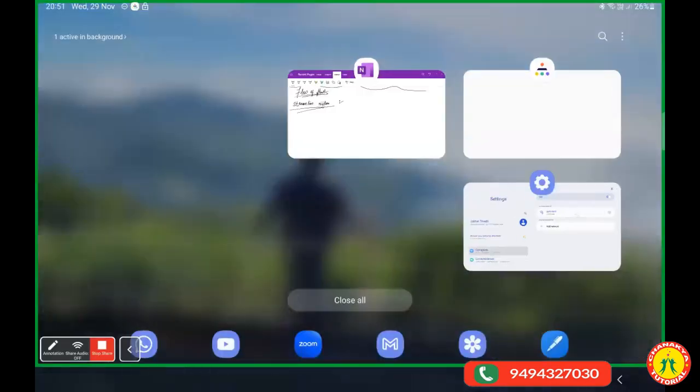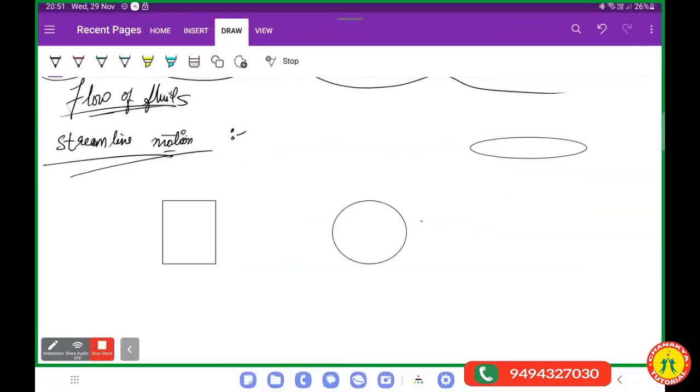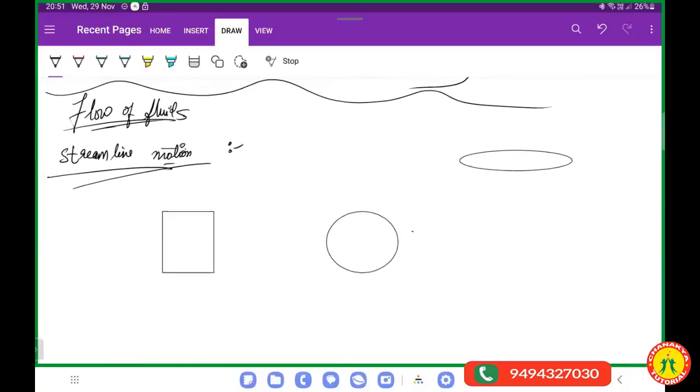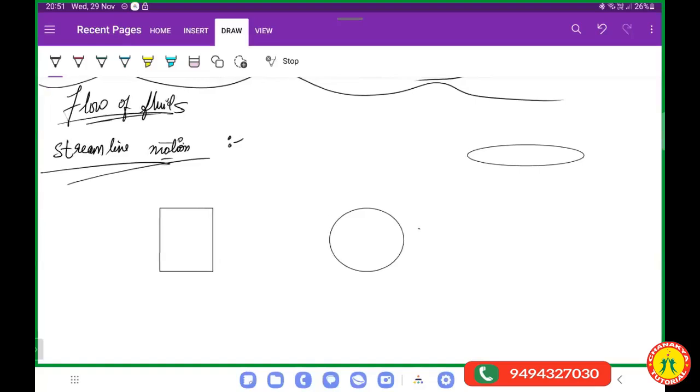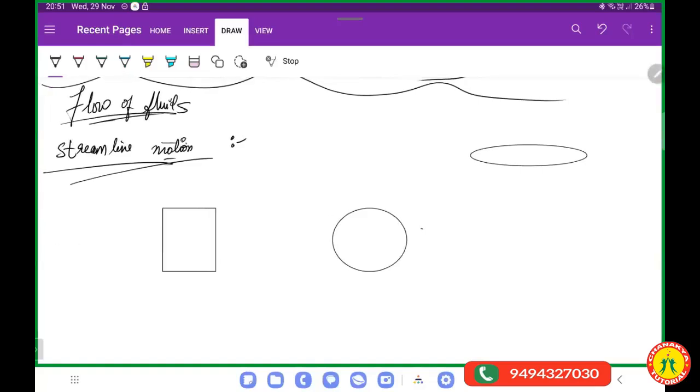Can you guys hear me? Yes, sir. Okay, I got disconnected here. So for understanding streamline motion, I have drawn here three shapes. So let's draw the flow. A fluid will flow here.